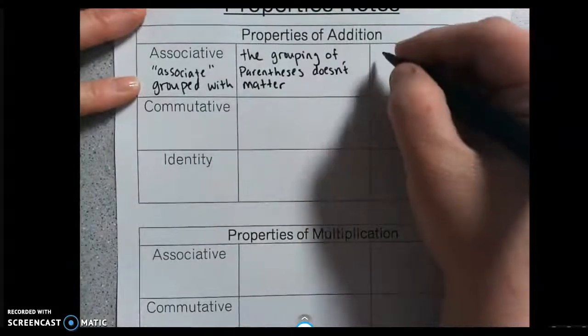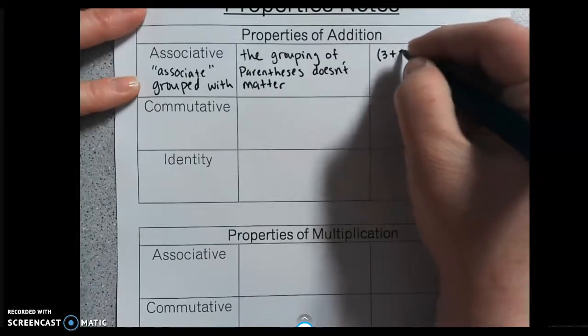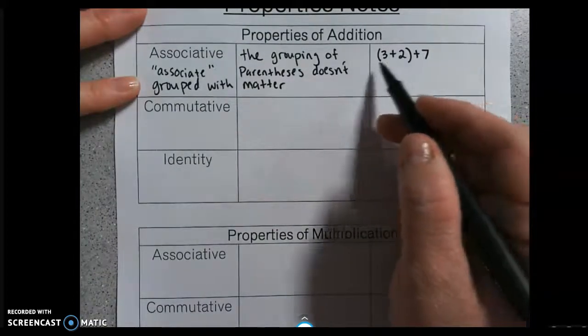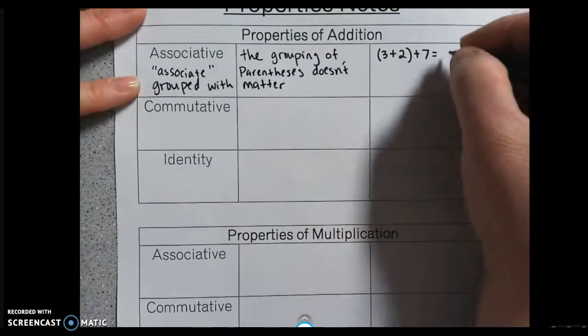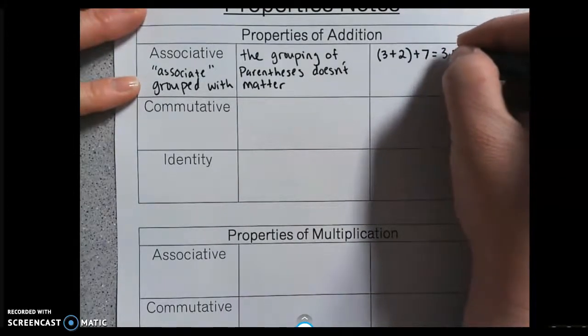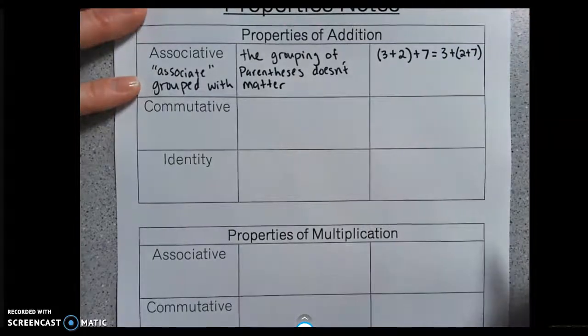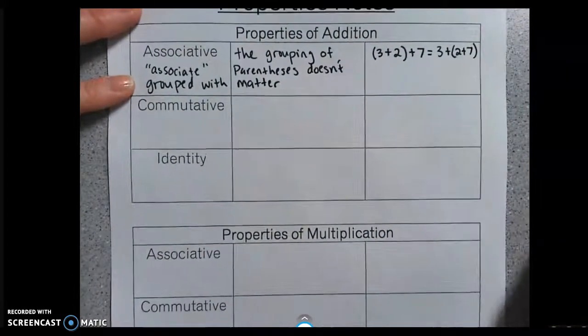If you had a math problem that was 3 plus 2 plus 7, and the 3 plus 2 is inside the parentheses, right? And then you had this other math problem, 3 plus 2 plus 7 with the 2 plus 7 grouped. If you solve both sides of that, you're going to get the same answer. So in addition, the order does not matter that you do the work in.